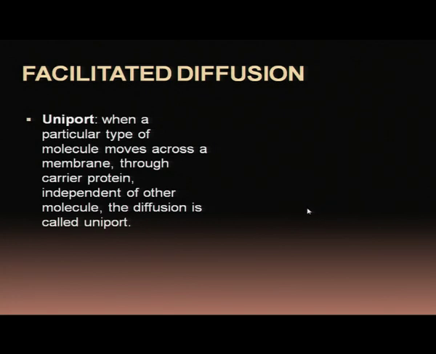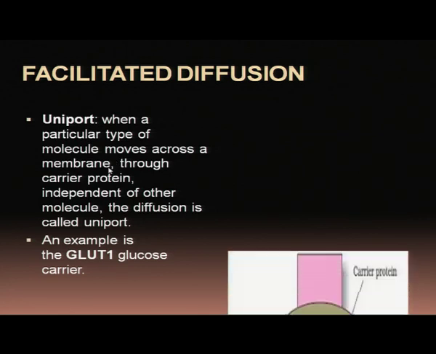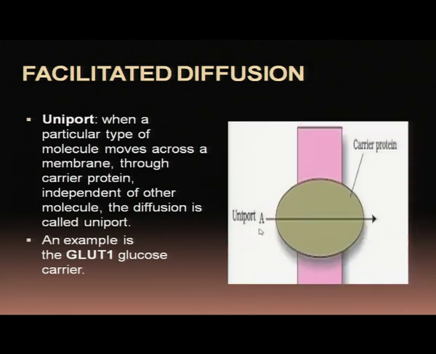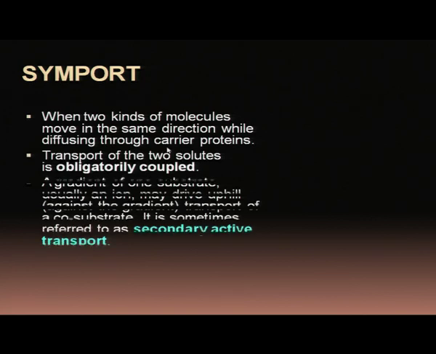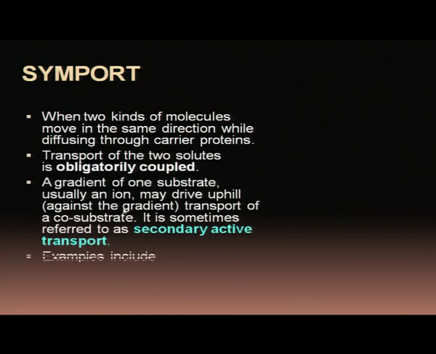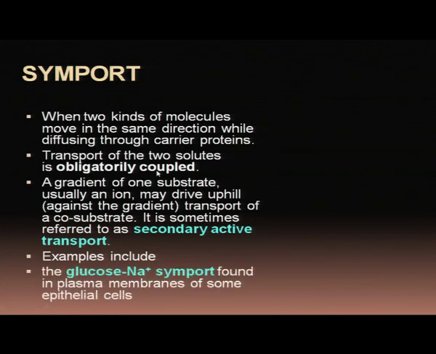Under facilitated diffusion, we can study three types of transports. Uniport is when a particular type of molecule moves through a membrane with the help of a carrier protein. So, this substance A is being transported to the other side with the help of a carrier protein. This is uniport. Symport is when two kinds of molecules move in the same direction while diffusing through carrier proteins, and these two solutes' transport is obligatorily coupled.